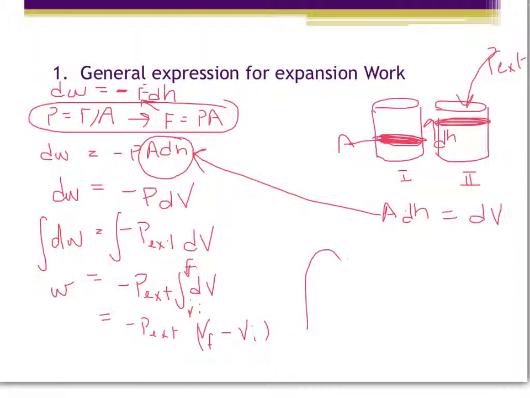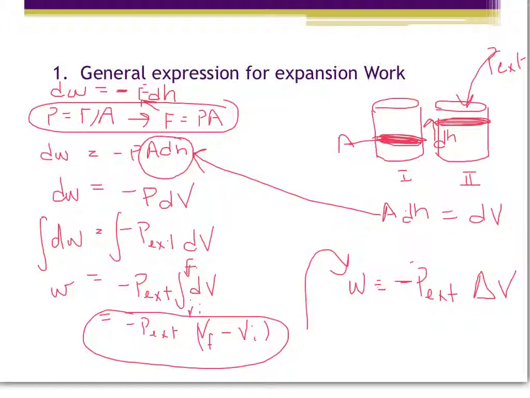We end up with our overall basic definition for work, which is that work is equal to the negative of the external pressure times the change in volume, which is the same thing as saying V final minus V initial.